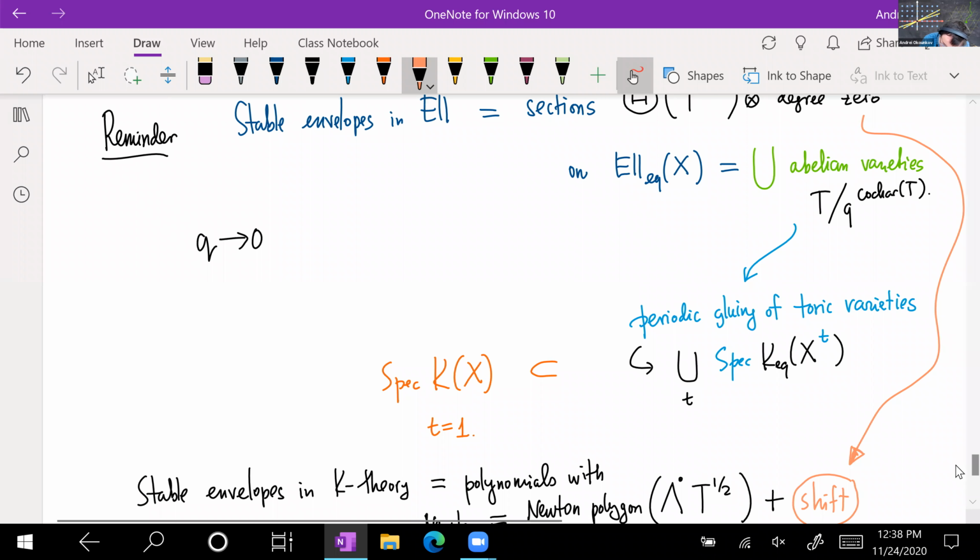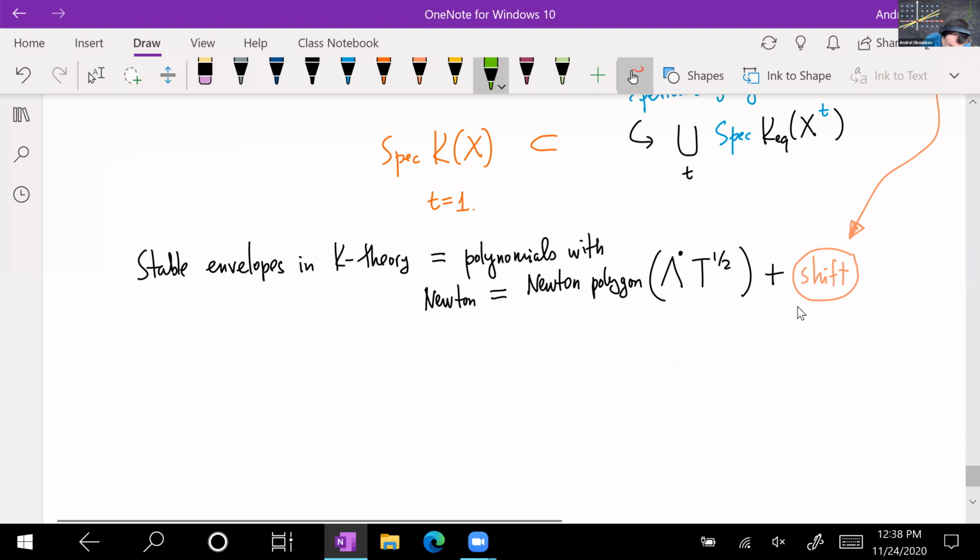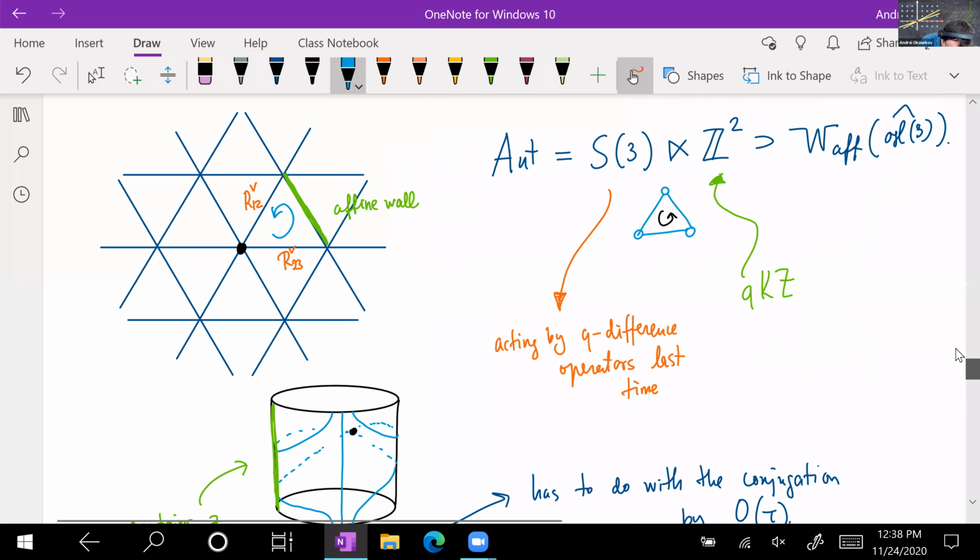The degree 0 line bundles over here were coming from the interesting degree 0 line bundles on elliptic homology, which we constructed from just Pic X odd times the elliptic curve. But now this shift is really by Pic X odd times R.